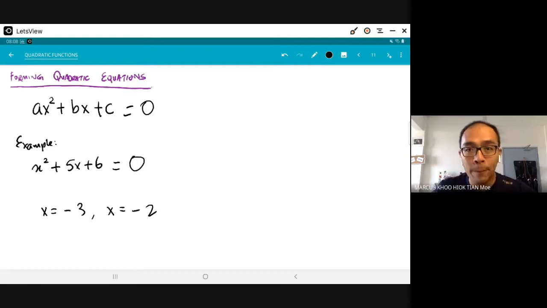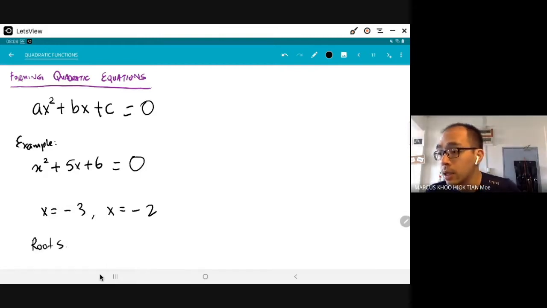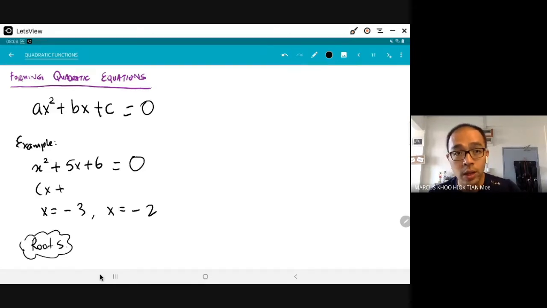So, the first word that I want to emphasize today is this word, roots. When we factorize, or do completing the square, or use the formula, we will get these two answers.